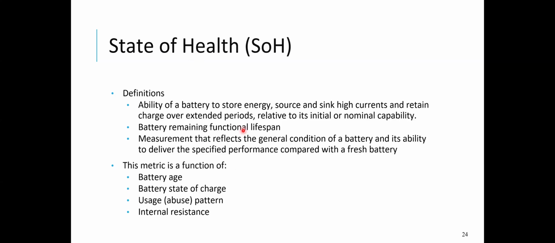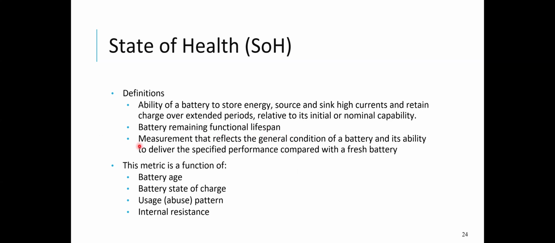So state of charge tells us a lot about the battery, but not everything we need to know about the battery. That's why we define the state of health of the battery. State of health is the ability of the battery to store, source, and sink currents and retain charge over extended periods of time relative to its initial or nominal capacity. The state of health of the battery reduces over time, and goes from 1 to 0 when the battery is completely failed. So one definition is the one I read. The other one is the remaining functional lifespan of the battery.